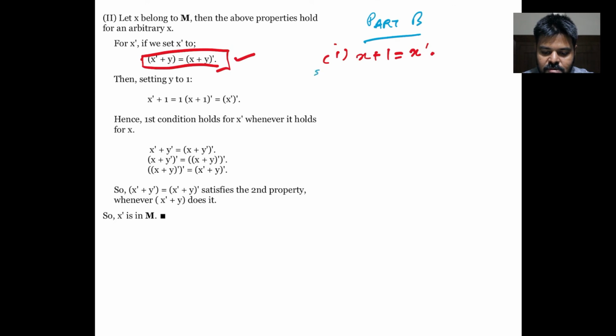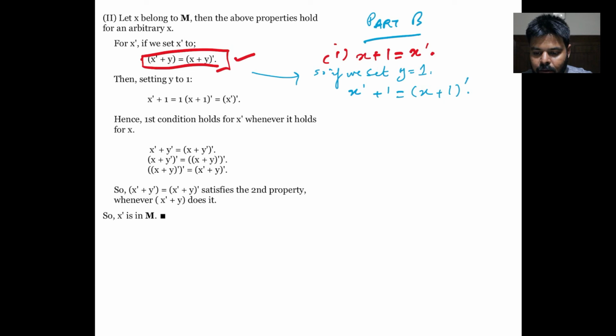So if we set y equals to 1, from here we can write it like this. And because we know that x holds for 1, from this it follows that, we are just expanding this part.